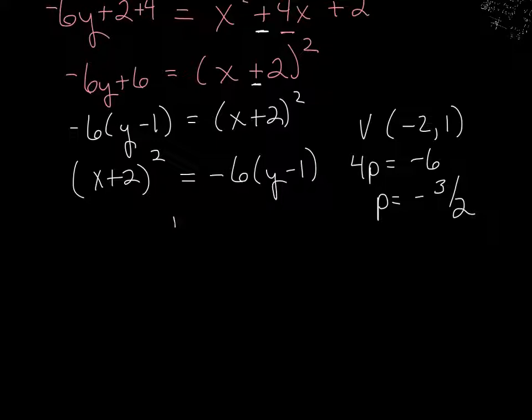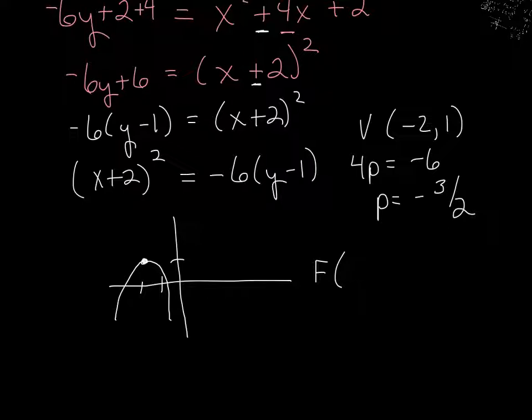So let's just sketch it so we can see what's going on. So our -2, 1 is our vertex. It opens down, so we know that the focus has to be inside the parabola. So for the focus, what part of that point's not changing, the x or the y? The x stays the same.